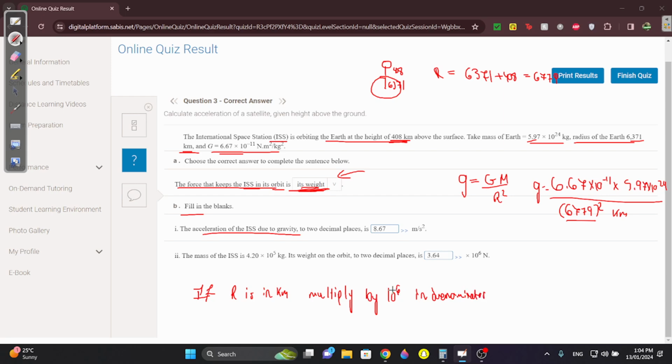Why do you have to do this? If I tell you why, I think I'm gonna confuse you, okay? But always do this because it has to be in meters. So you're gonna put times 10 to the power of 6. Put this in a calculator and you're gonna get 8.67. So your g equals 8.67. Okay?